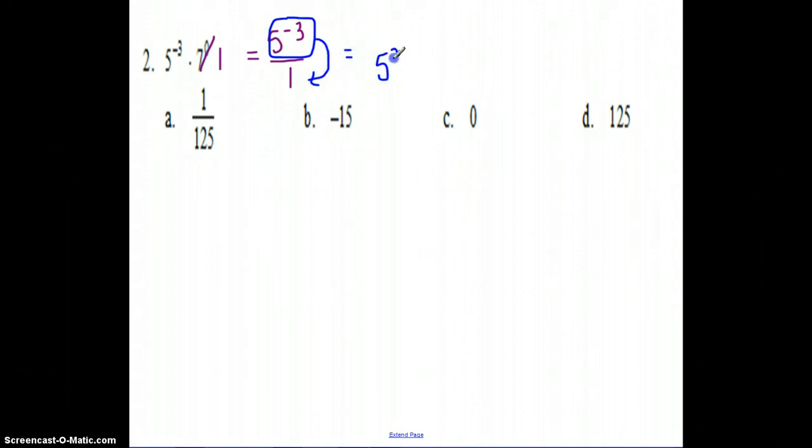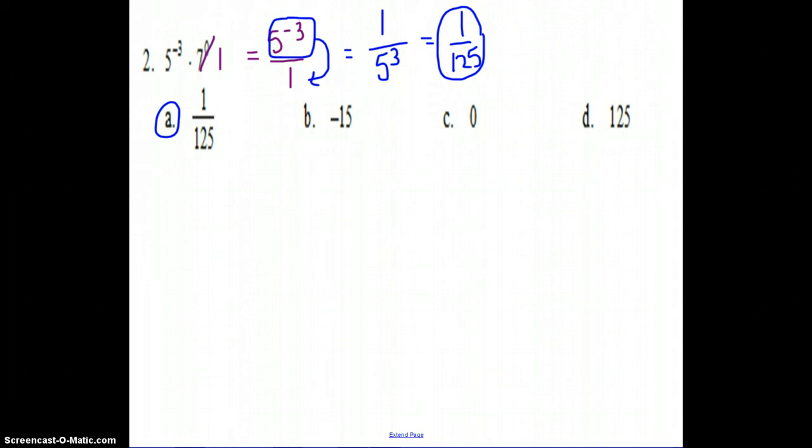So that would be 5 to the third in the bottom, and I'm going to put a 1 in the top. Now the only job that I have left is to actually calculate 5 to the third, and that equals 125. So my overall answer is 1 over 125. So my answer here is A.